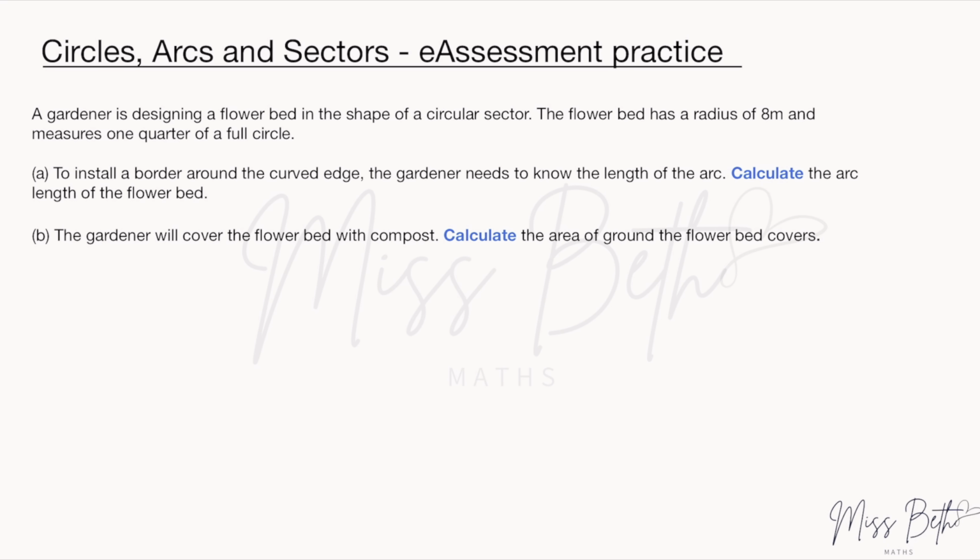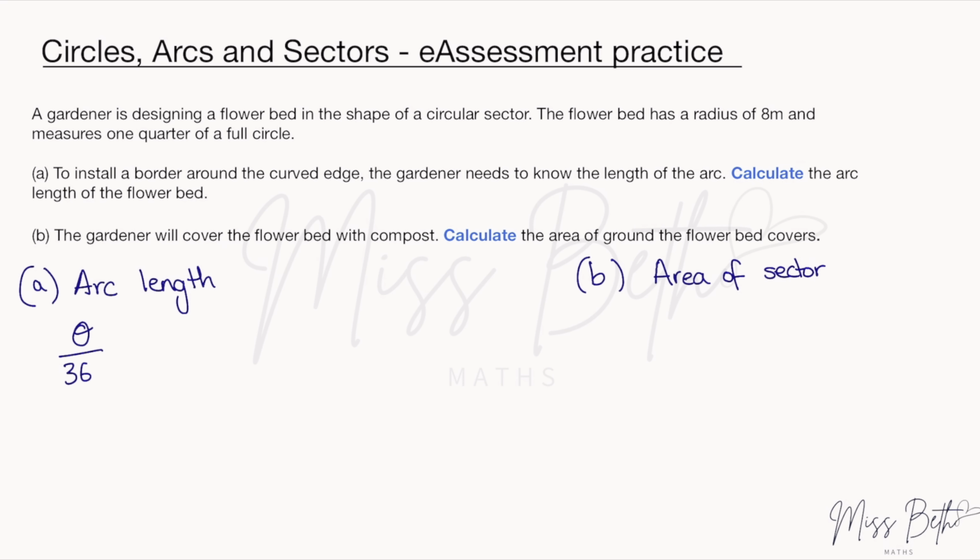So we need to first of all calculate the arc length. And then for part B, we are going to find the area of the flower bed, so the area of the sector. So arc length, the formula that we need to use is theta over 360 multiplied by 2 pi r.